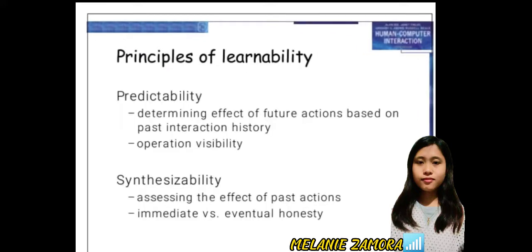Next, the principle of learnability. First, predictability: determining the effect of future action based on past interaction history. Operation visibility. Next is synthesizability: assessing the effect of past actions, immediate versus eventual honesty.